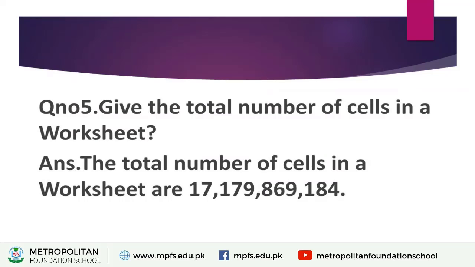There are a total of 1048576 rows from top to bottom, which are labeled with numbers 1, 2, 3, 4, 5, 6, 7, 8, etc. So we are multiplying the rows and columns: 16384 multiplied by 1048576 is equal to 17179869184 cells.